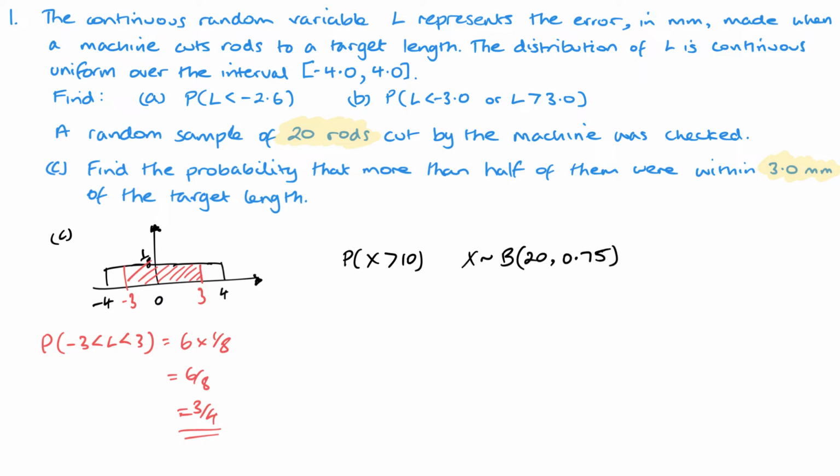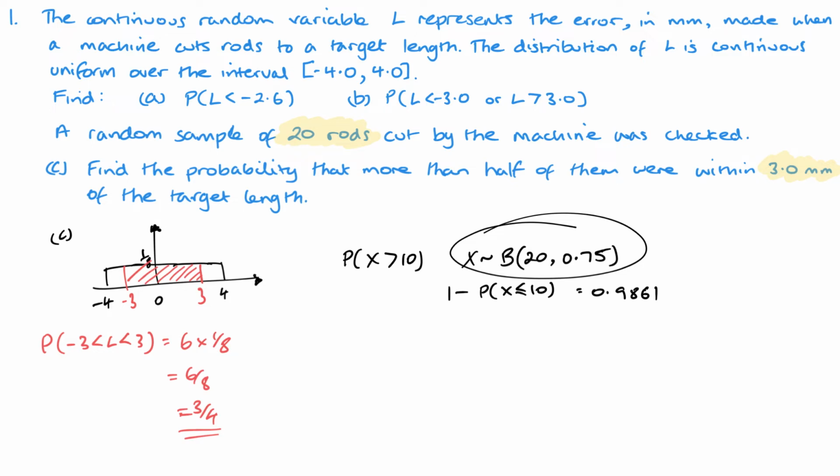Now, before I go down that route, if I was going to use my calculator from this point, it would essentially be 1 minus the probability that X is less than or equal to 10 using this distribution. And I would get 0.9861. Now, if I'm going to use the tables, I need to redefine what I'm going to do.